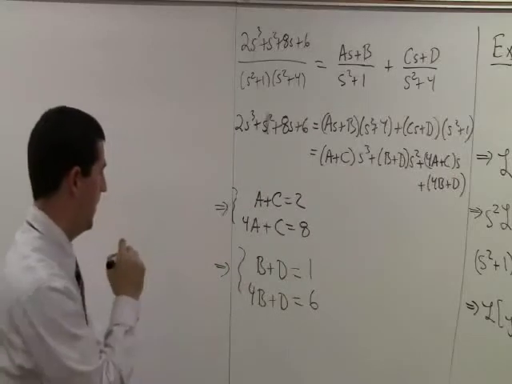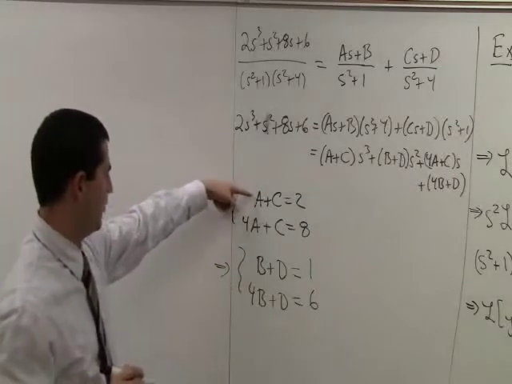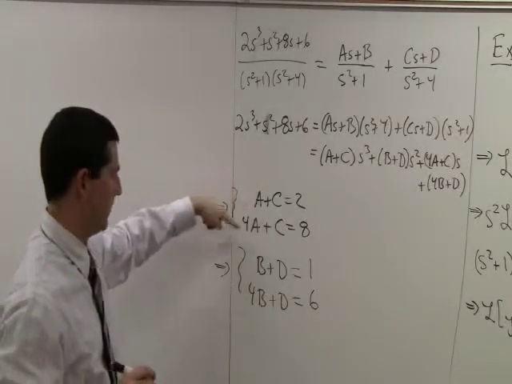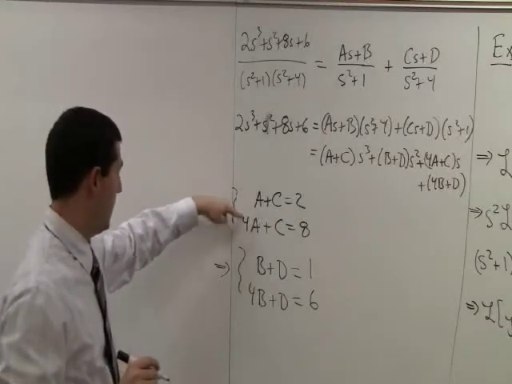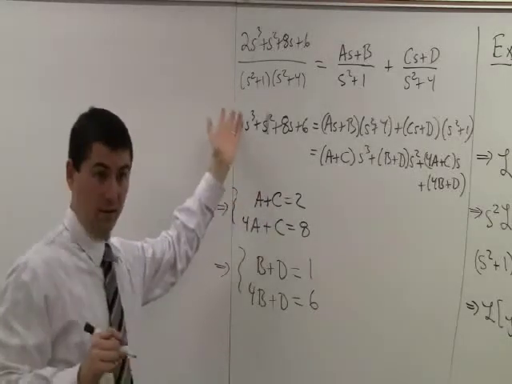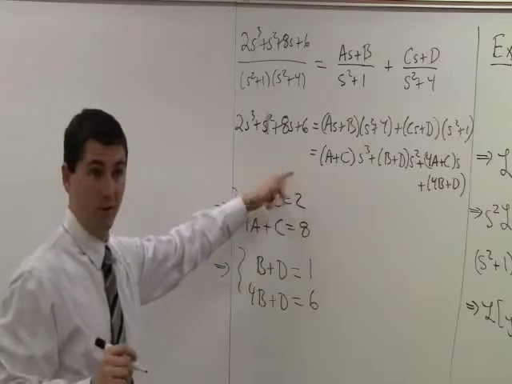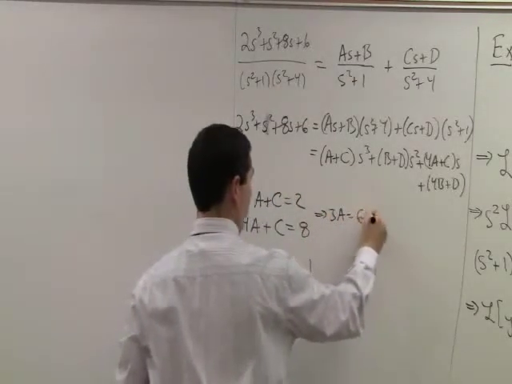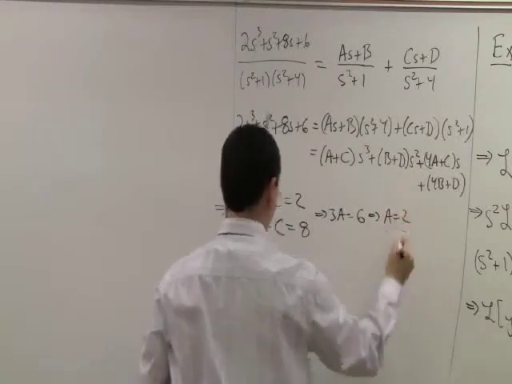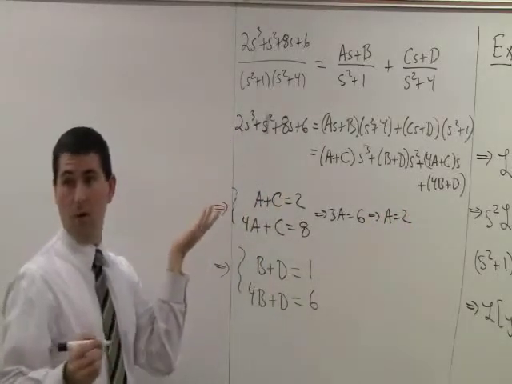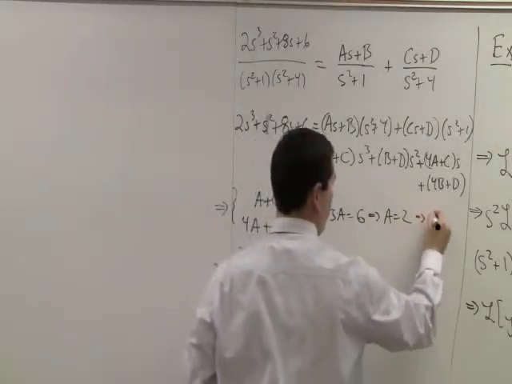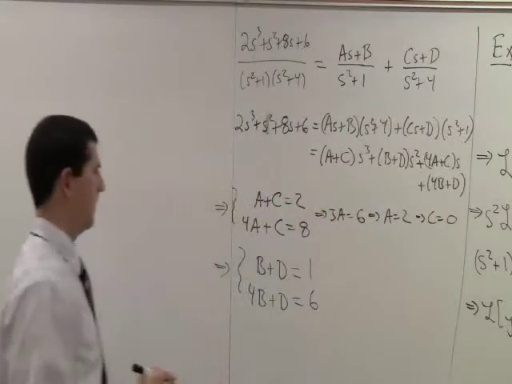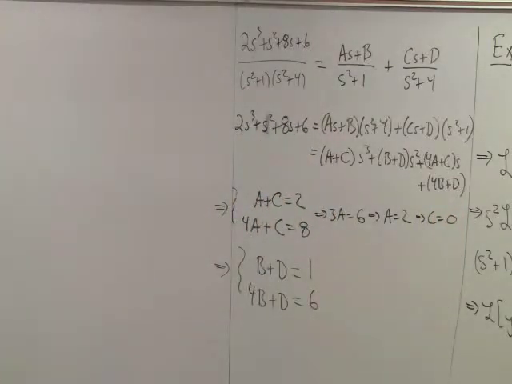Okay, let's see. If I subtract, say, this one from that one, 4a minus a is 3a, c minus c is 0, and 8 minus 2 is 6. So this one says 3a equals 6, so a equals 2, but if a is 2, then c is just 0. Cool.